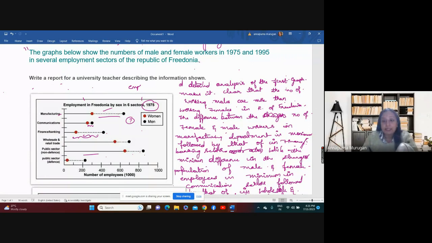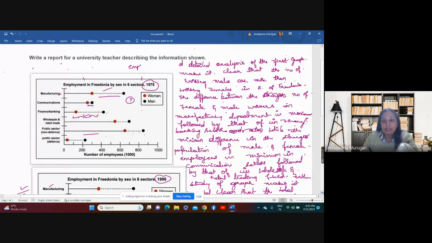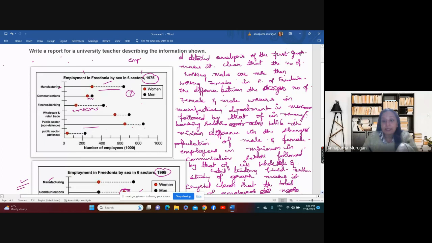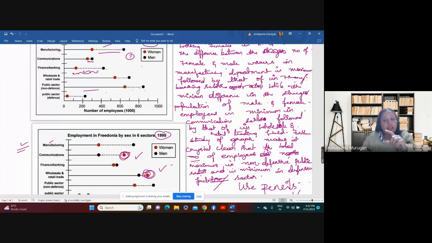While the minimum difference in the strength or population of male and female employees is minimum in communication sector, followed by that of in wholesale and retail trading field. Further study of the graph makes it crystal clear that the total number of employees is maximum in non-defensive public sector and is minimum in defensive public sector.